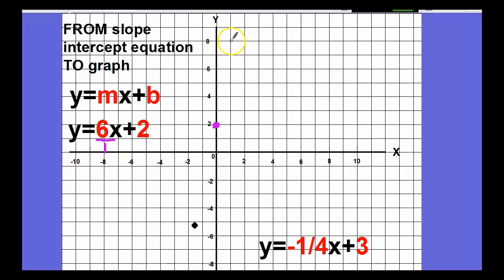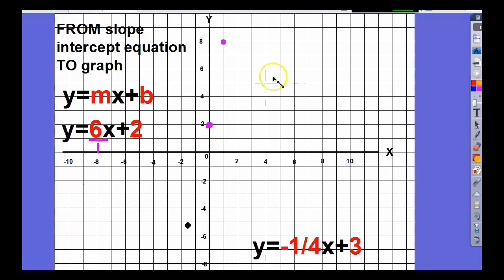I'm going to count over 1, and that's where I'm going to put my second point. And then all I have to do is draw a line between these 2 points and connect the dots. Your line will theoretically go on forever, so you can drag it out pretty much as far as you want. And that will be how I graph this line.